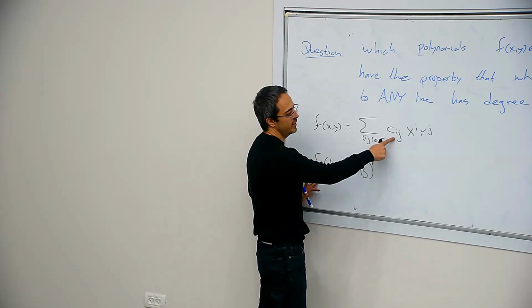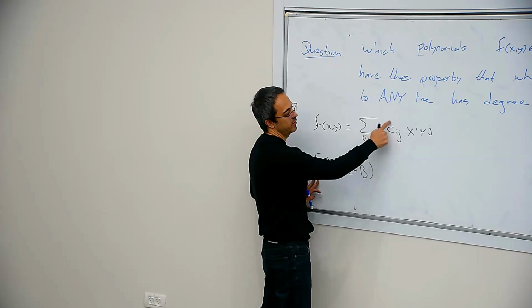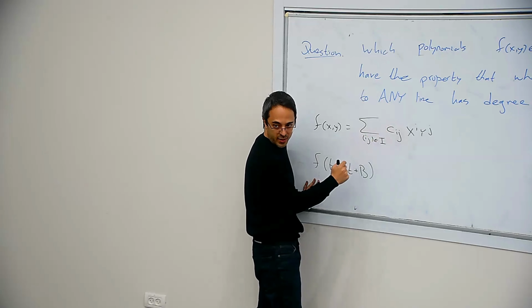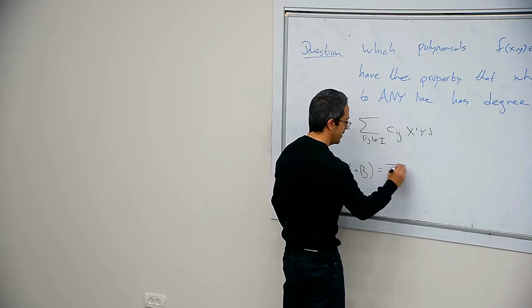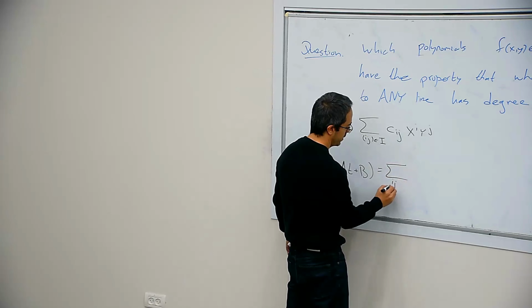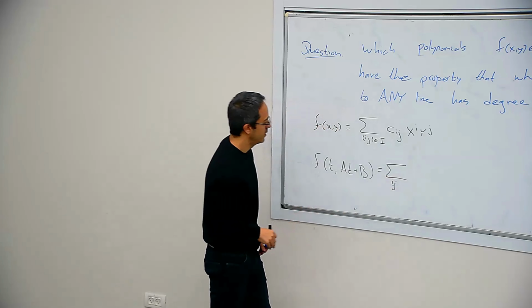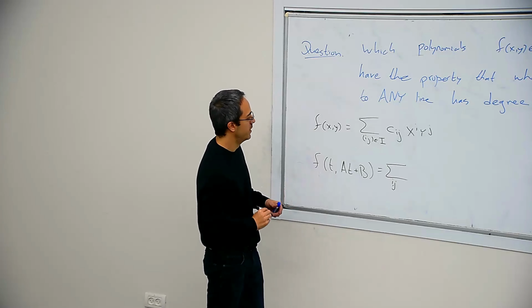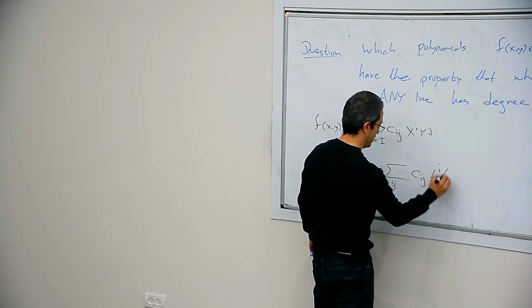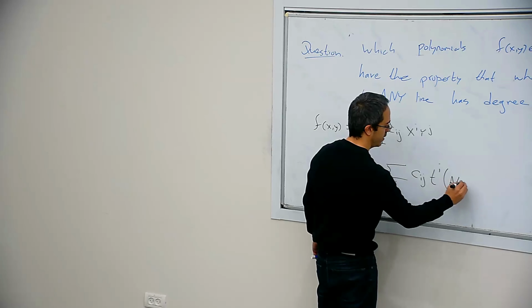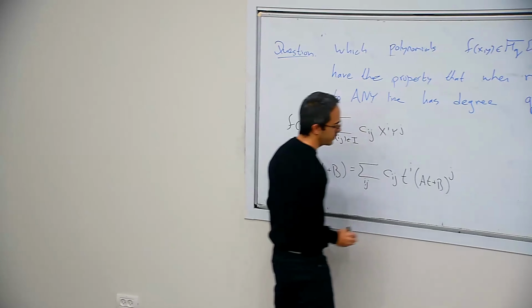So let's see what this says about the coefficients I can choose, the non-zero coefficients c_ij. Let's just plug it in and see what happens. Let me just run over all i and j, and then I'll figure out what I is. So it's c_ij, t to the i, times (at plus b) to the j.